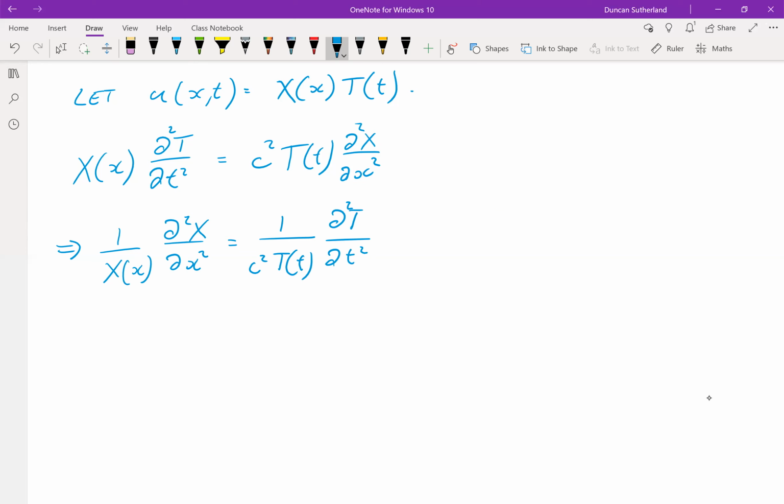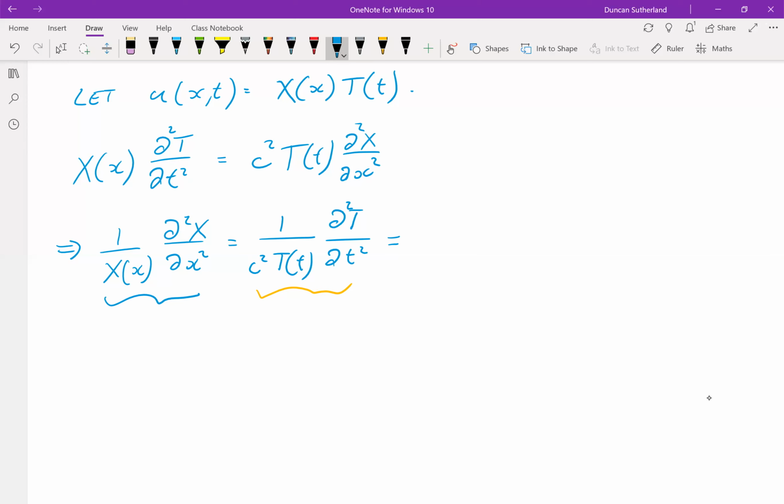If you have a function of x on this side and a function of t on this side, and they're always equal irrespective of the values of little x and little t, the functions must equal a constant, right? That's the only way that this can magically work out, if somehow this is constant, and they're both equal to the same thing. So we call this the separation constant.